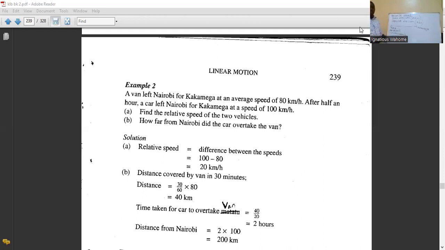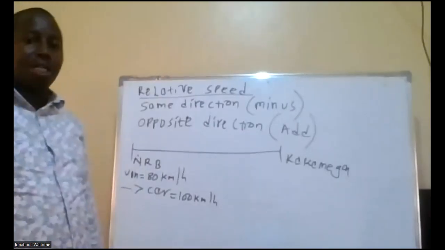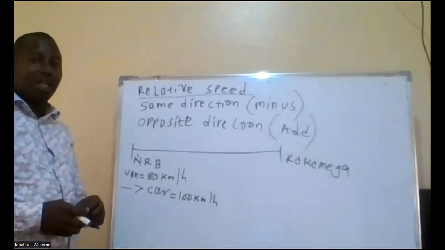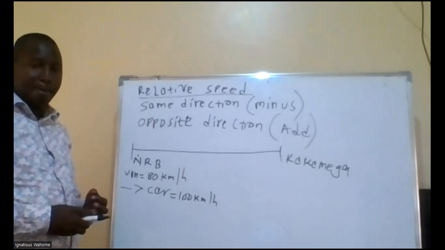Question A, find the relative speed of the two vehicles. B, how far from Nairobi did the car overtake the van? In the first place, are these two vehicles moving in the same direction or opposite direction?